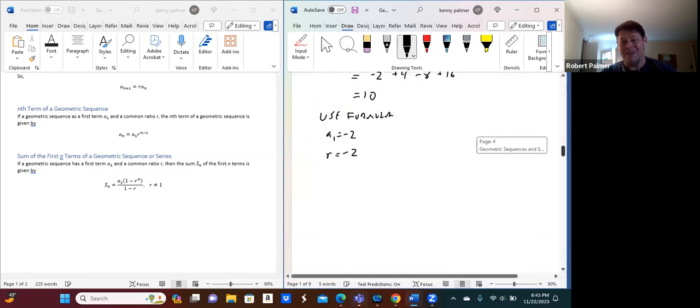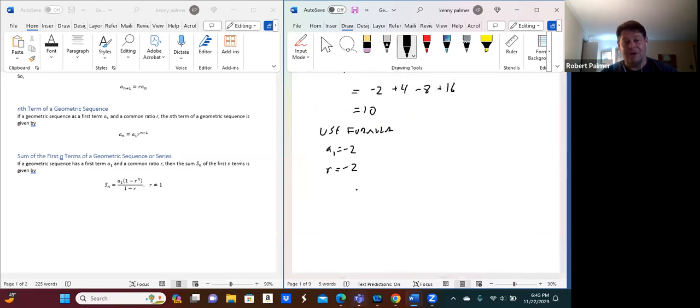Okay, so let's plug that in. Let's make sure we get that. S4, the fourth term, is going to be a1, which is -2, times 1 minus -2 to the nth, which is 4. Then down here we have 1, and just be careful with the signs, because now we're subtracting a -2, so down here it's 1 minus -2.